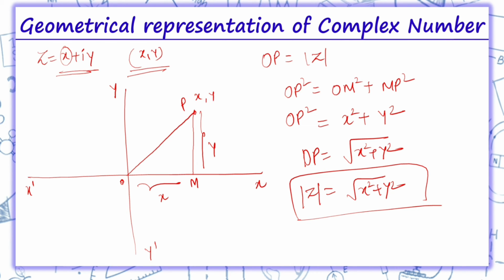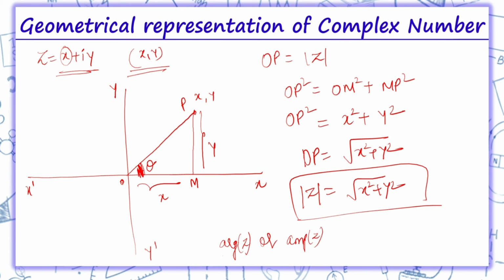Now coming on to the angle, this is the angle theta which OP makes with positive direction of x axis in anti-clockwise sense. This angle theta is known as argument, we also call it amplitude of z, and it is denoted by argument of z or amplitude of z.